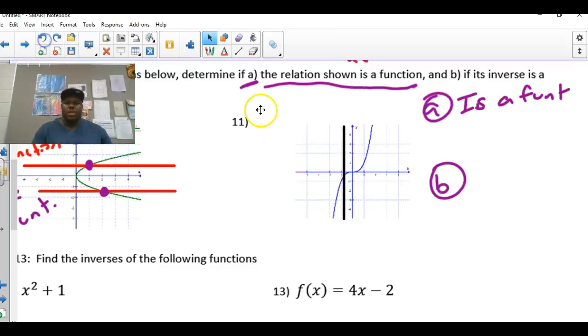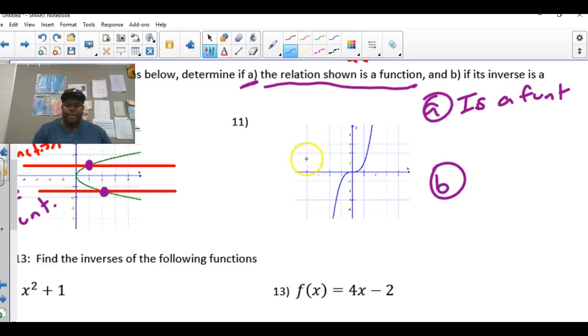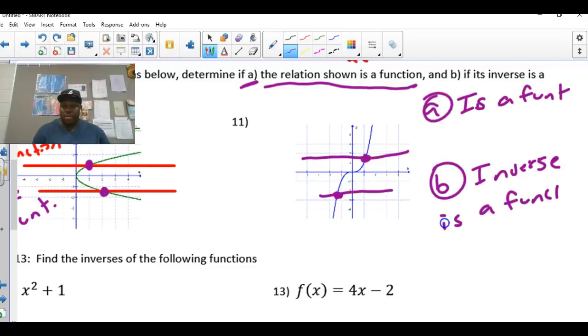So when we do that, we use our horizontal line test. I'm just going to sketch them out, horizontal line. Notice the horizontal line only touches once as well. So the inverse is a function as well.